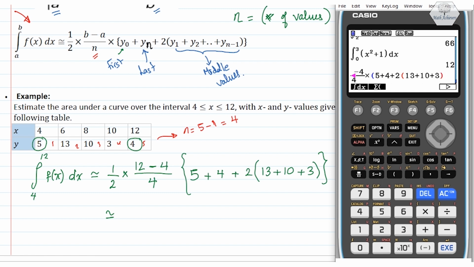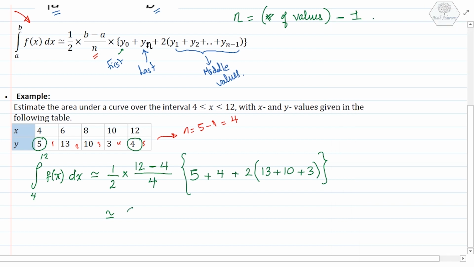We have to close the red bracket and the blue bracket again and execute, and this will give me 61. So the approximation of this area using the trapezoidal rule is 61 units.